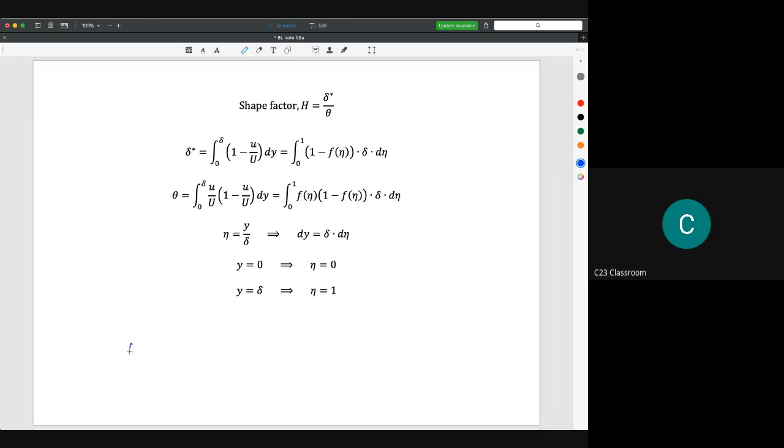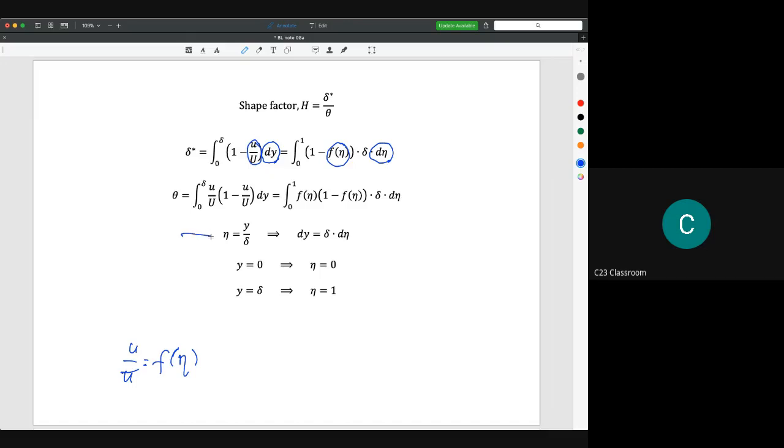We assume that u over U is equal to a function of eta. Then we replace 1 minus u over U with 1 minus f of eta. Then we need to change the dy into d eta. How to change this one?